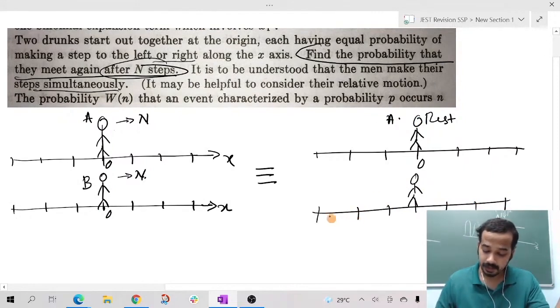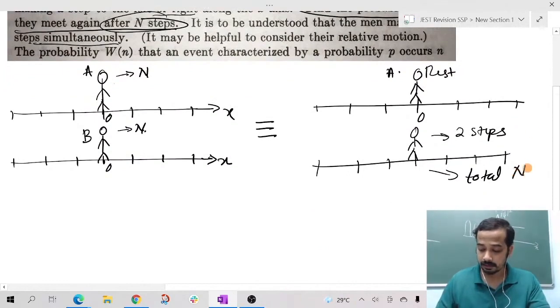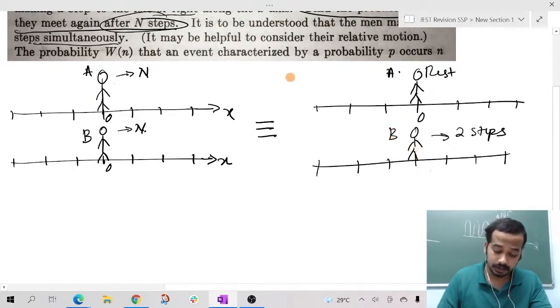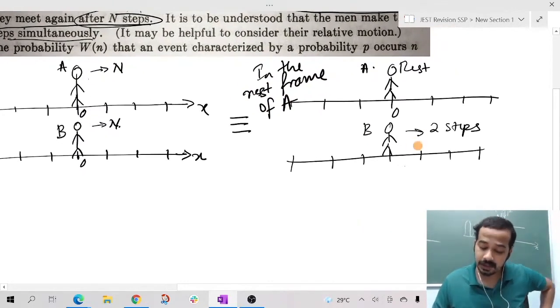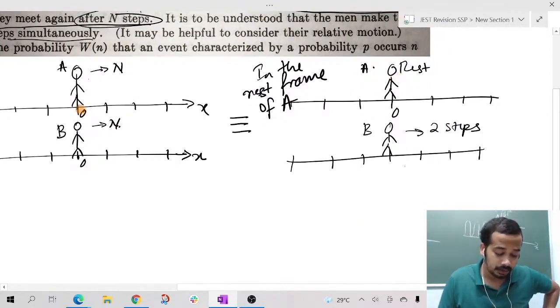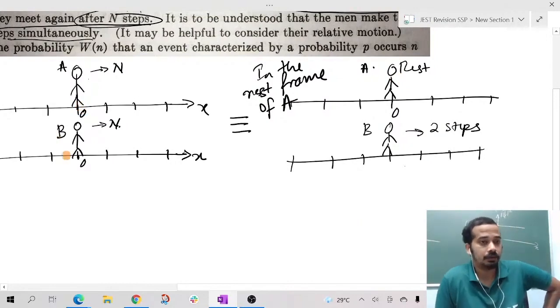Can I say like this? He will take 2 steps, so after n steps, he will take a total of 2n steps. This is in the rest frame of A. We are fixing our reference frame at A and observing the whole event.